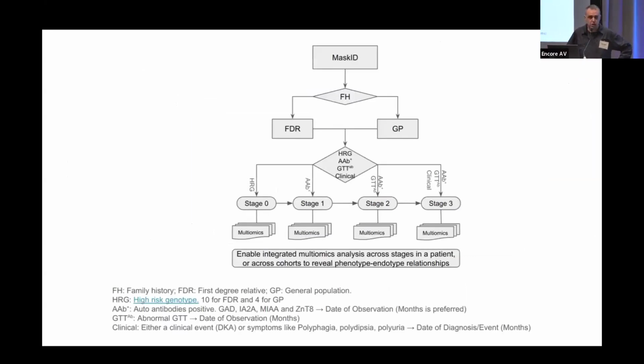And we used an algorithm that we developed in-house based upon the presence of first-degree relatives, the presence of a high-risk genotype, the presence of antibodies for particular markers, abnormal GTTs, and of course, clinical symptoms.